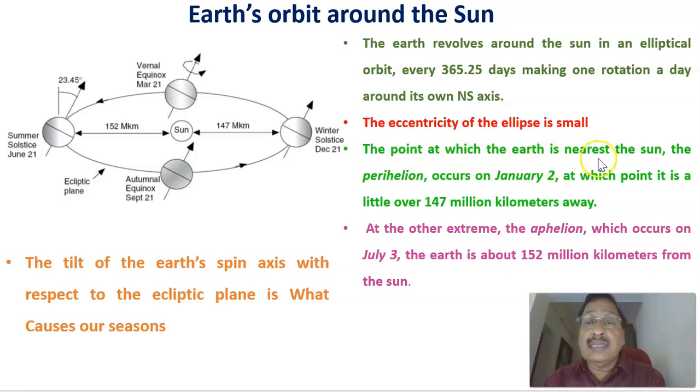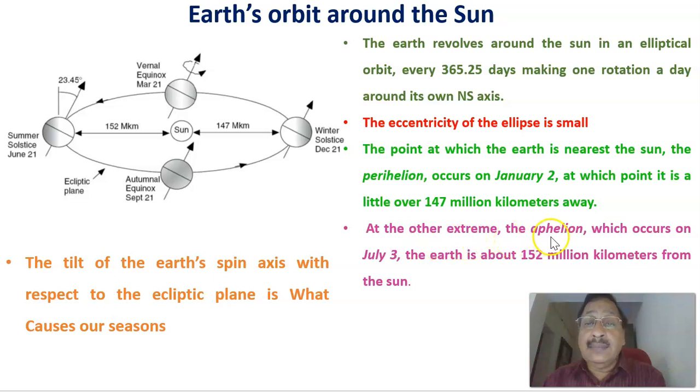The point at which the Earth is nearest to the sun is called the perihelion, which occurs on January 2nd, at which point it is a little over 147 million kilometers away.